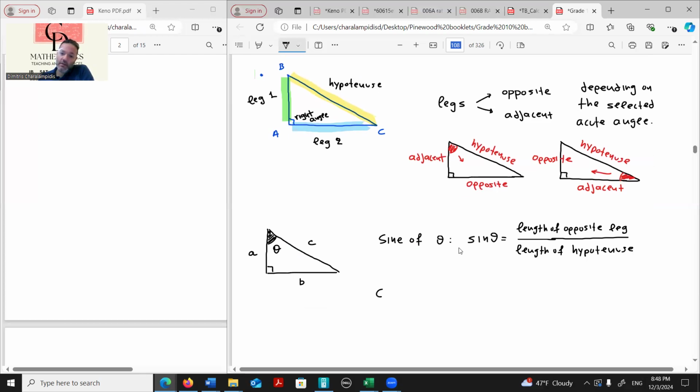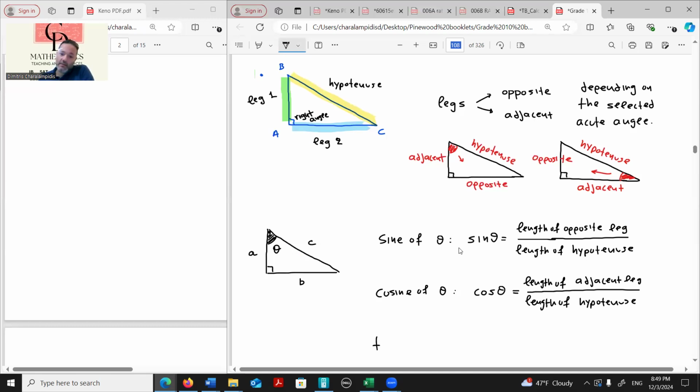The cosine of angle theta, which is also notated by cos of theta, is the quotient formed by the length of adjacent leg over the length of hypotenuse.